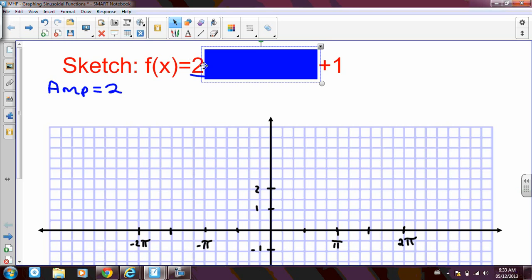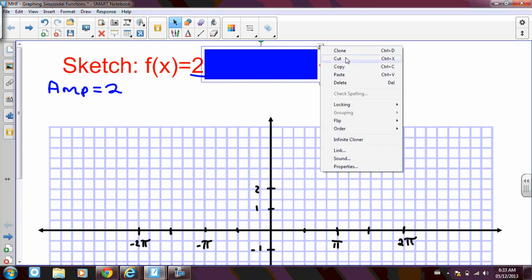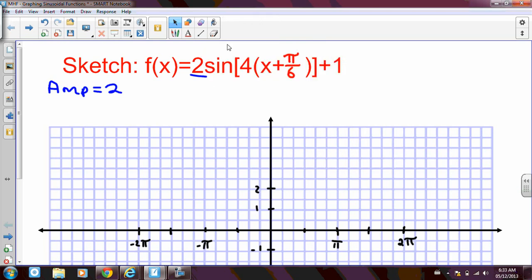I'm now going to double it, so multiply every single value by 2. I apologize, I'll try to stop saying essentially so much. So the amplitude's 2. That means the graph will initially go up to 2 and down to negative 2. Obviously there's more information over here that may make a difference later on.